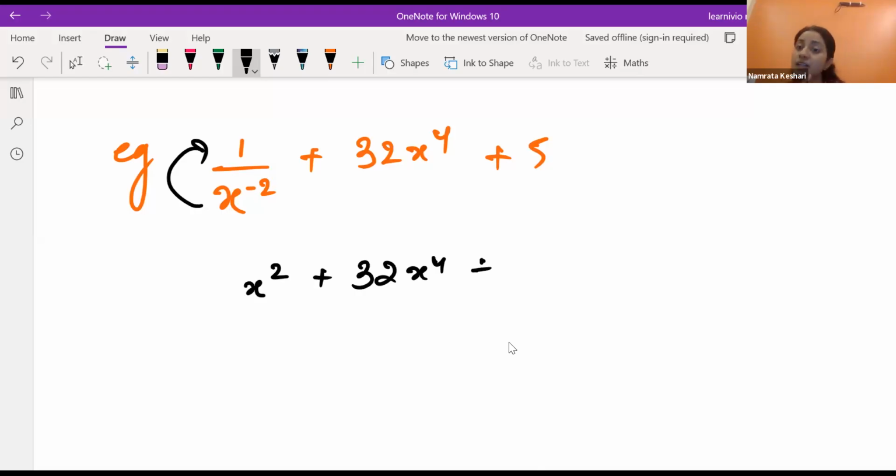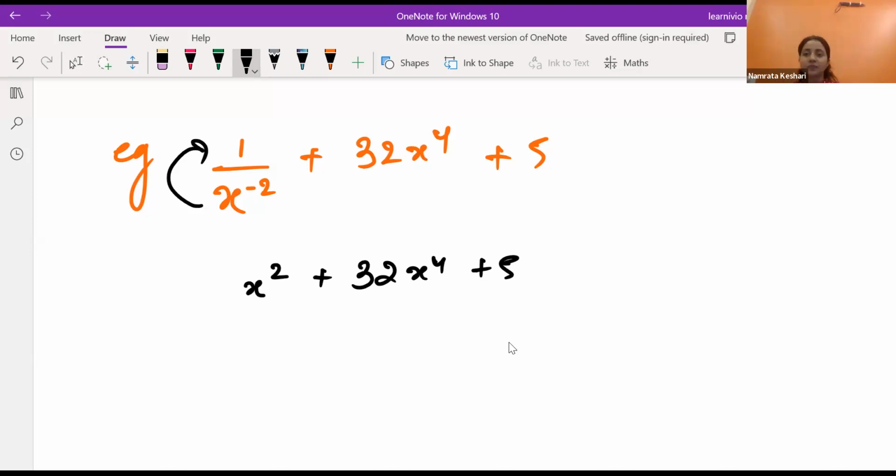So just because that x was in the denominator, that doesn't mean it is not a polynomial, right? We have just two rules. In each and every circumstance, we'll be checking these two rules only. So here again, we are checking these two rules and both are getting validated, right?